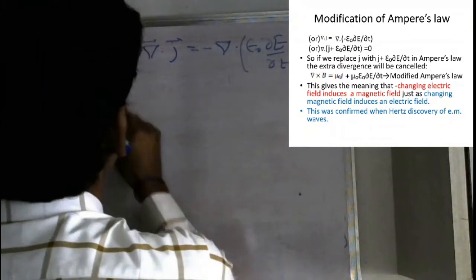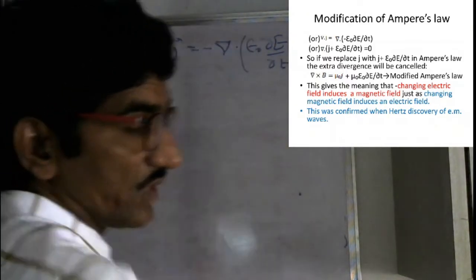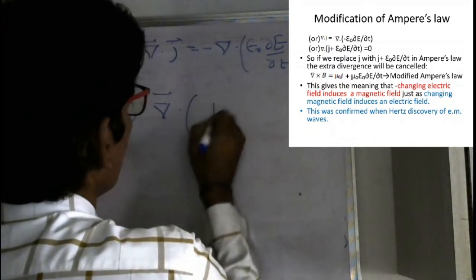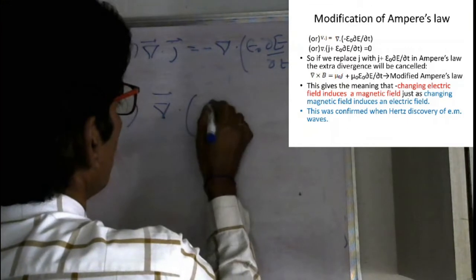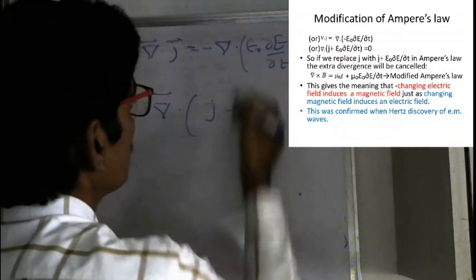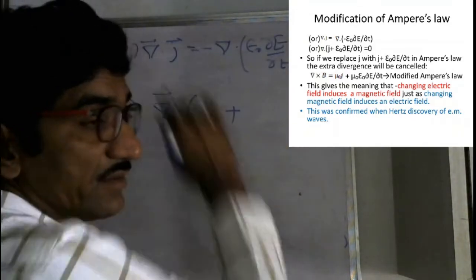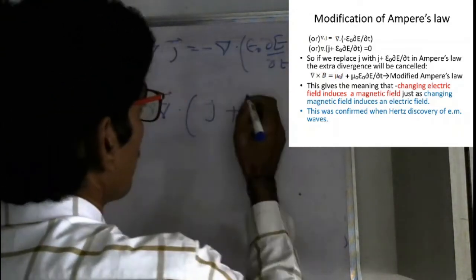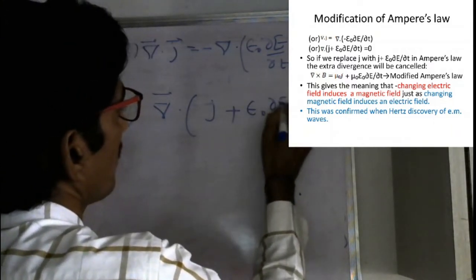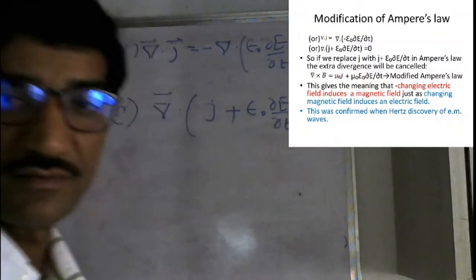Or whenever you take this term to LHS, then what happens? It becomes del dot J plus, on this side you have minus. Whenever you bring this term to LHS, then it becomes plus. Okay, del dot J plus epsilon naught dou E by dou t is equal to 0.